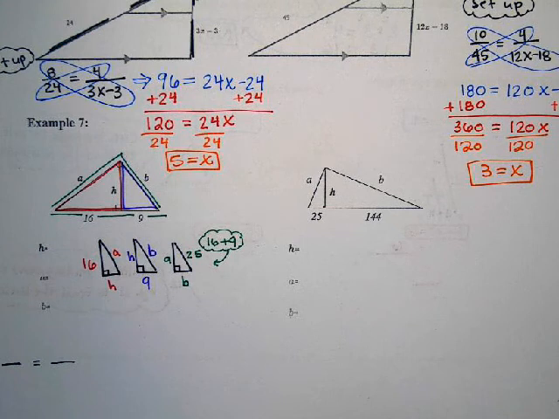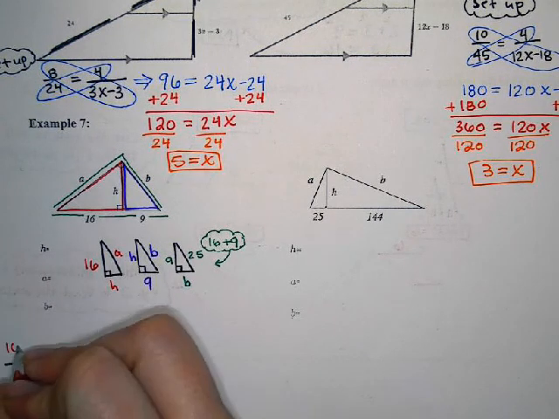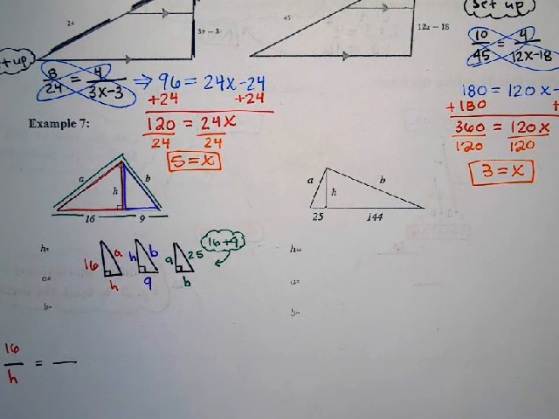Nope. No H there. What about on this one? Is there an H? There's an H. Where's my other H? Right here. So if this H and this H are given, those are my two, I'm going to set up a proportion with the same locations on the triangles.